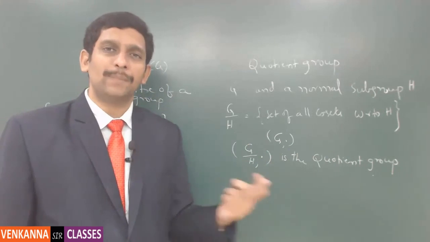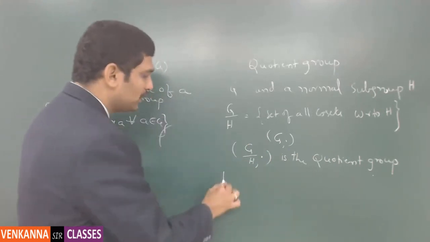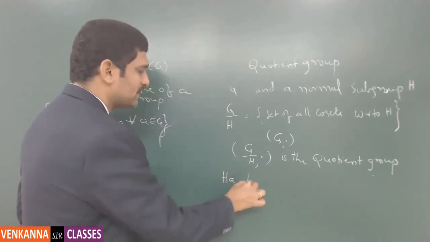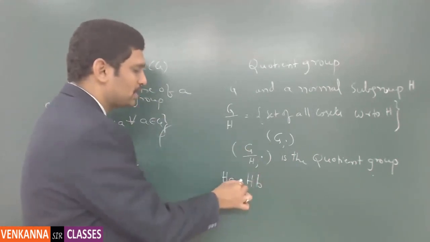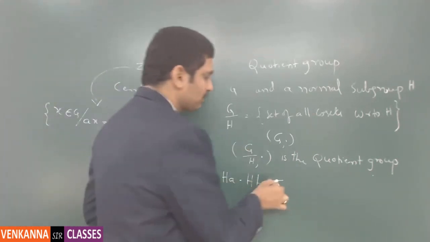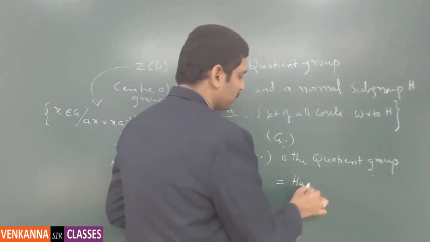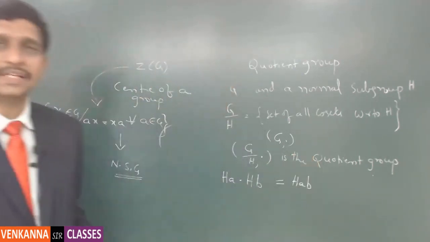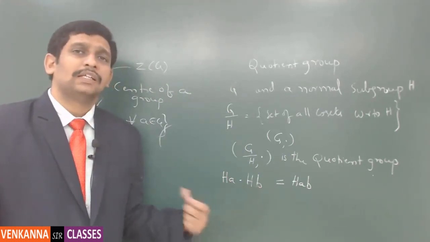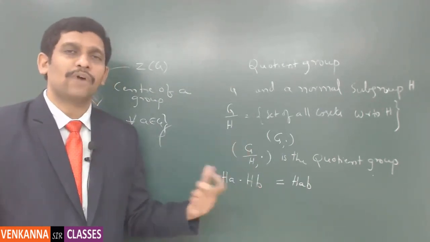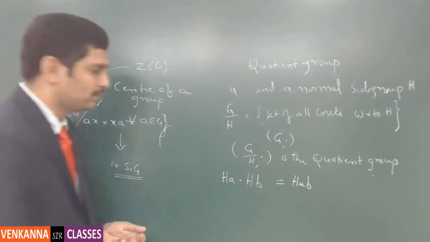And how will it be performed? If you take any two cosets, let me say Ha and Hb, the product is defined as Hab. So H remains the same, you are simply multiplying the elements. The same thing is done for the operation addition also.